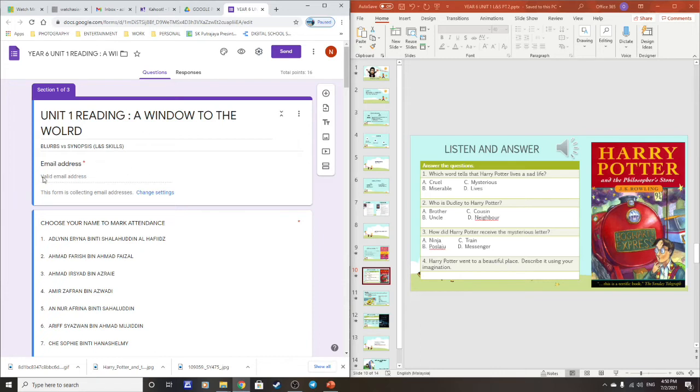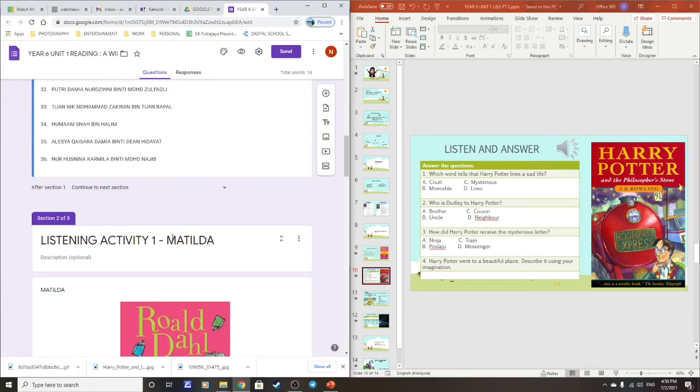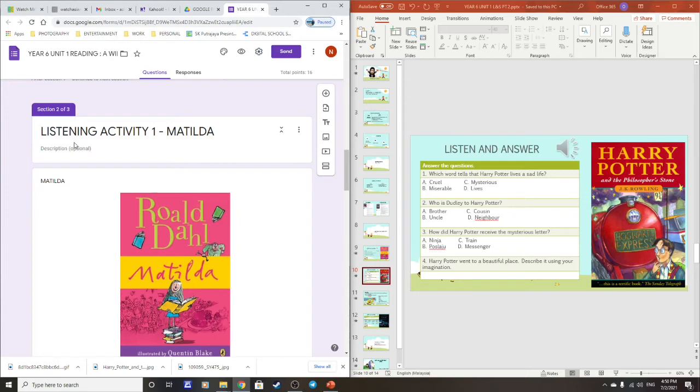So make sure you write a valid email address. If you cannot remember your email address, you can type in your parents' email address. Then choose your name to mark your attendance, followed by the first activity, listening activity 1, Matilda.